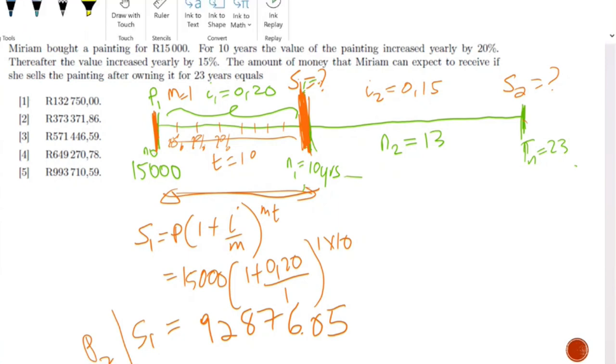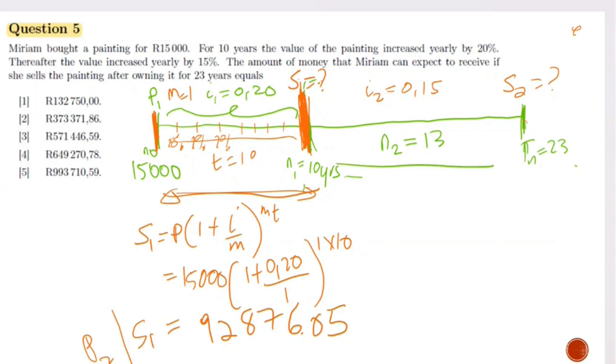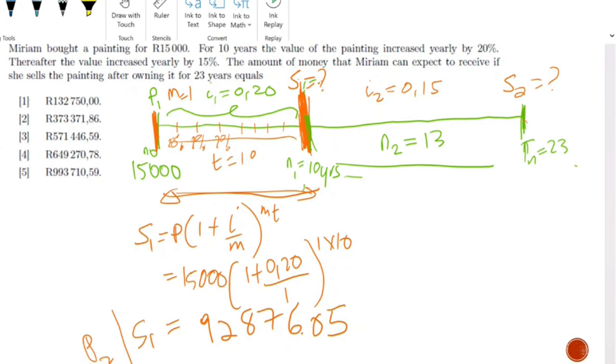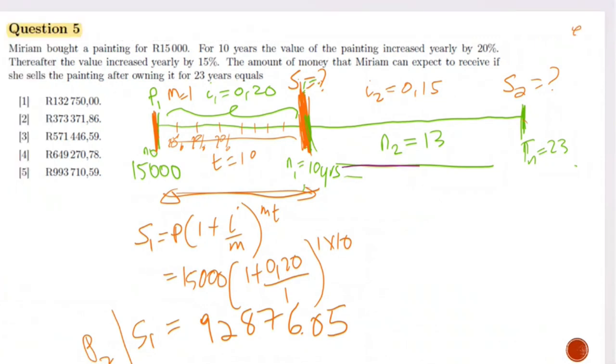Let's use purple. So now let us start again for this period. As we start again, we start here with a new amount, which is this one, and then end here. So we still do the same thing using this very same formula.